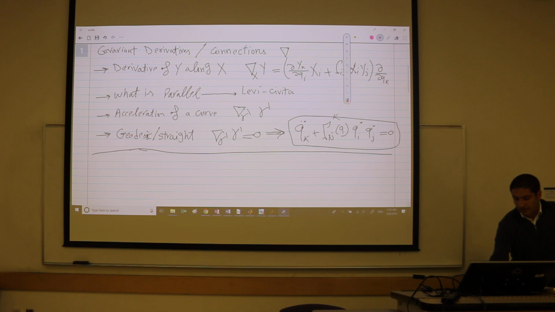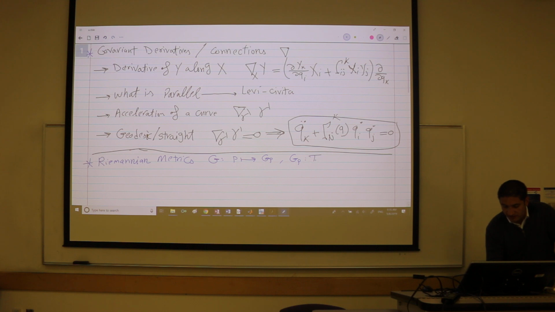And then we talked about the Riemannian metric. So it's a map that takes a point and gives you a positive definite and symmetric matrix. So in other words, G_p acts on vectors in the tangent space, takes a vector and another vector, does the dot product between them and gives you a real number, right?